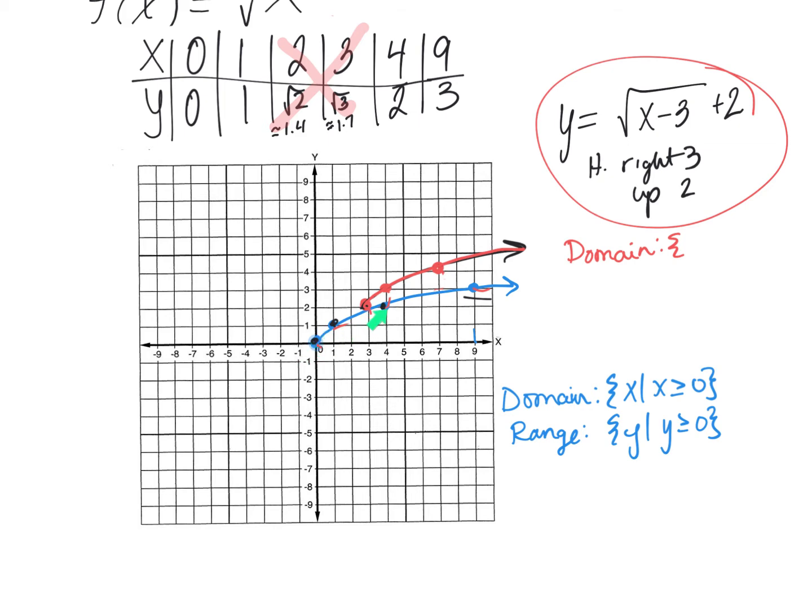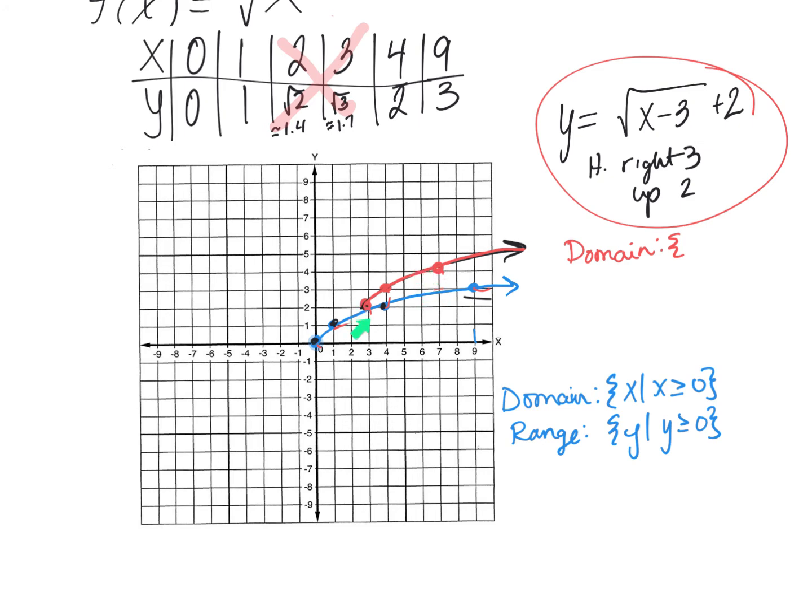I took these 3 points from this table, and I moved them each right 3 and up 2. This point, right 3, up 2. And then this last one, right 3, up 2.